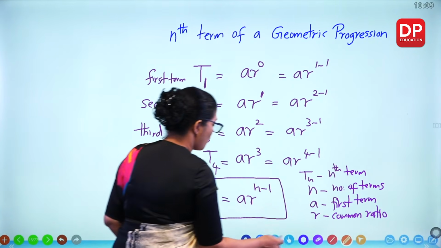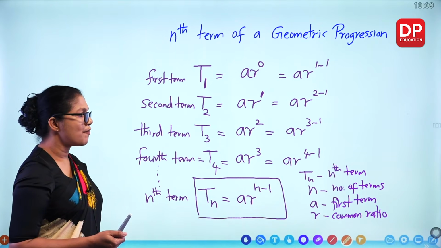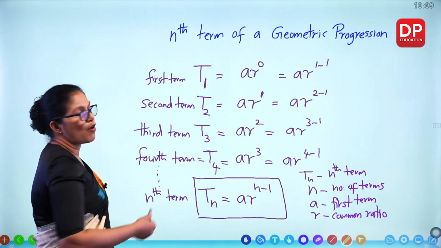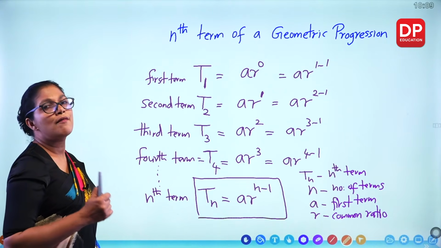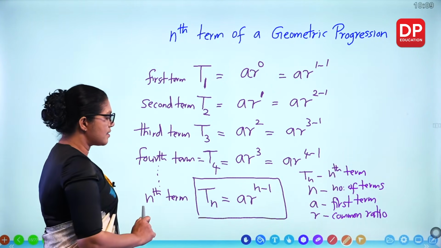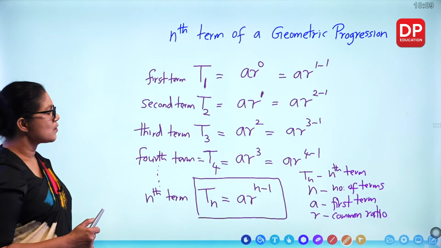So if you know the common ratio, first term and number of terms, you can find any term using this formula. So remember this, for a geometric progression the nth term formula is Tn equals A into R to the power n minus 1.